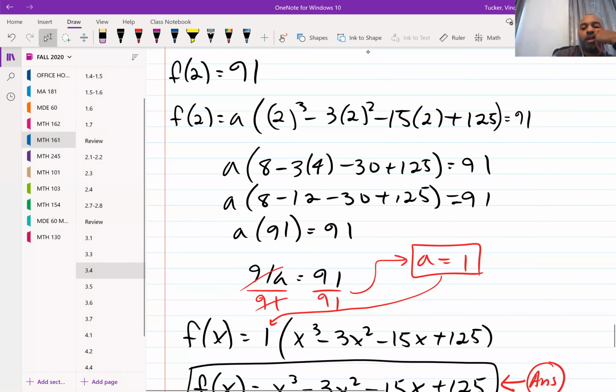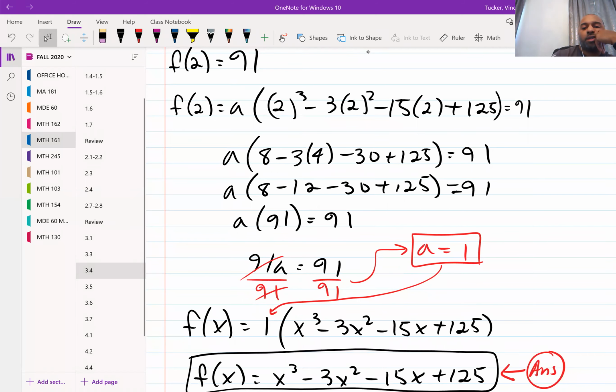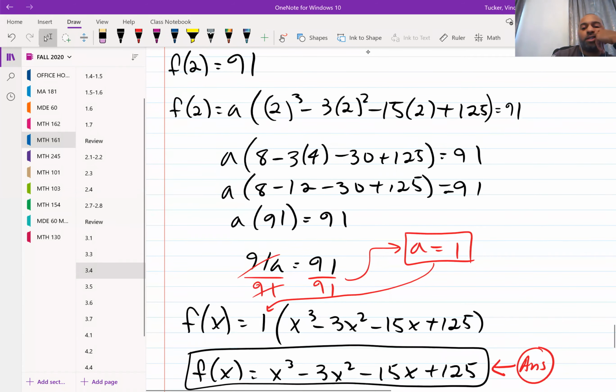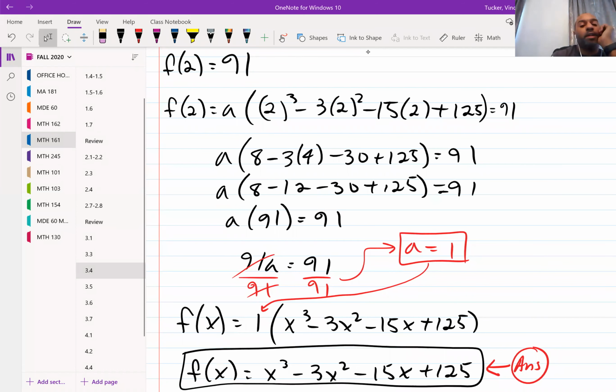Once you found out what a is, plug it in. And you know 1 times anything is itself, so a wasn't a real factor in this case because it ended up being 1. So our final function is going to be x cubed minus 3x squared minus 15x plus 125.